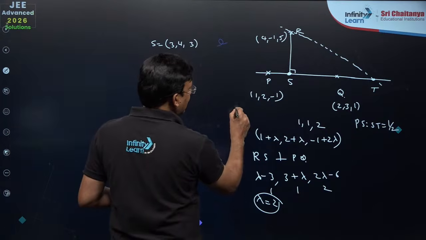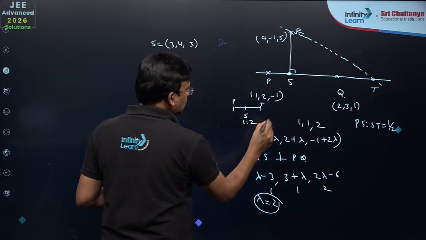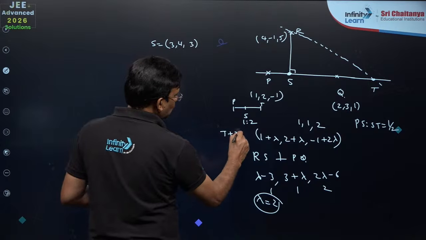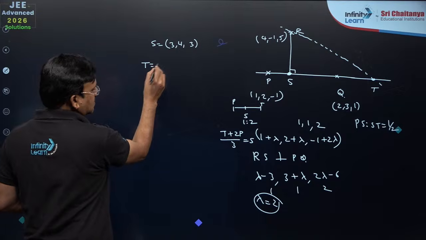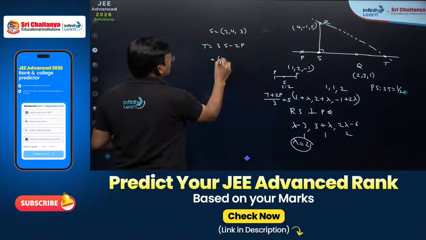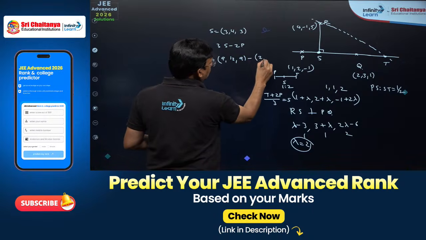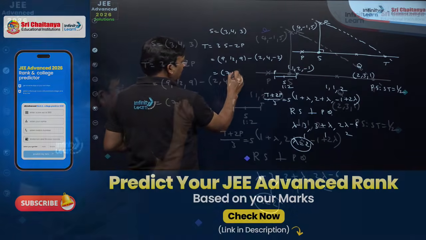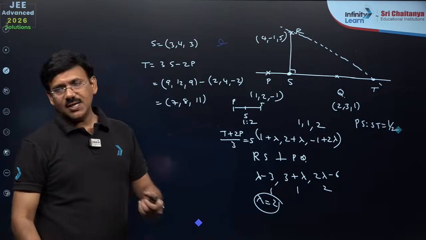So S is dividing PT in the ratio 1:2, in the sense, T plus 2P by 3 is equal to S. So T is nothing but 3S minus 2P. What is 3S? (9, 12, 9) minus 2P, which is (2, 4, minus 2), gives 7, 8, 11. This is what T is.